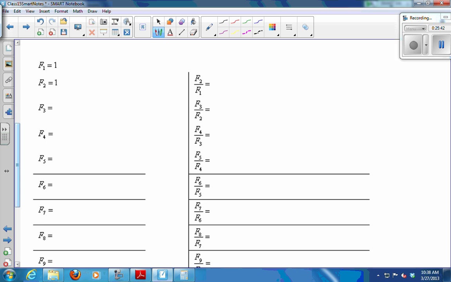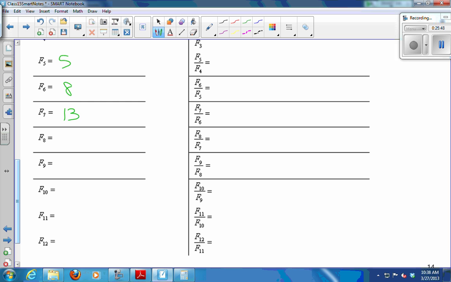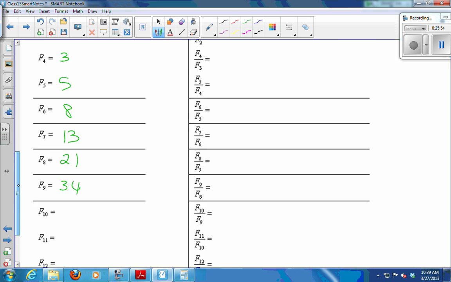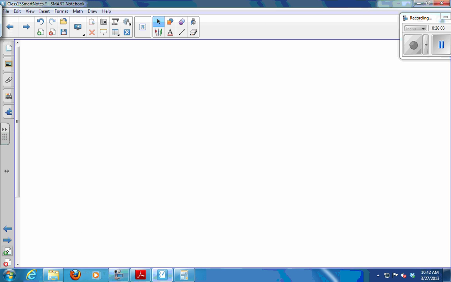On the left, just fill in the Fibonacci numbers, up to F20. So make a list of 20 Fibonacci numbers on the left, and then I'll explain the ratios once everybody has those down.